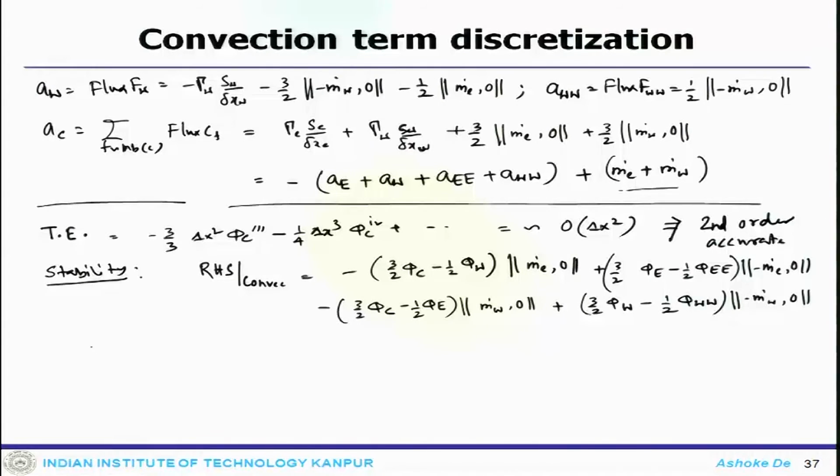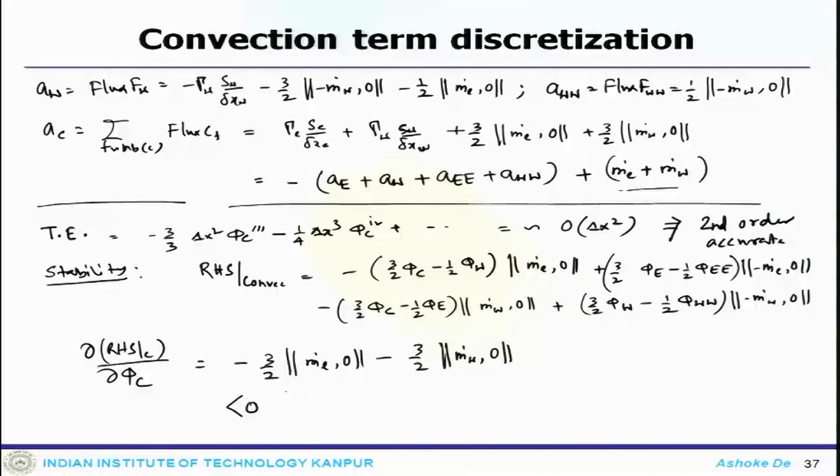So, the rate of change of the right hand side with respect to phi c would get you minus 3 by 2 m dot E 0 minus 3 by 2 m dot w 0, which is always negative, indicating that this scheme is also stable.